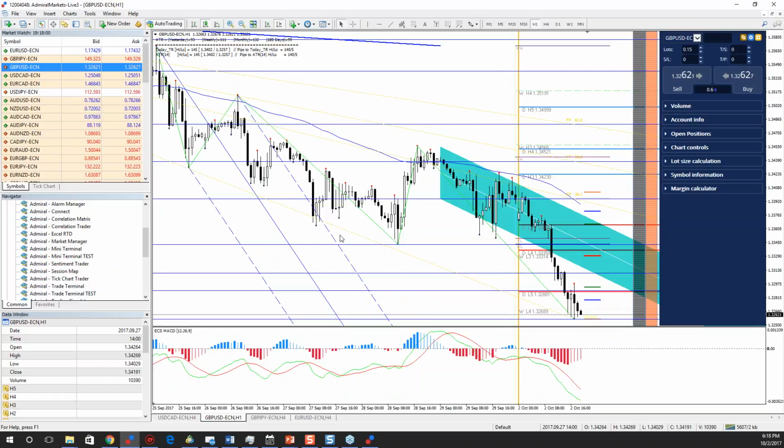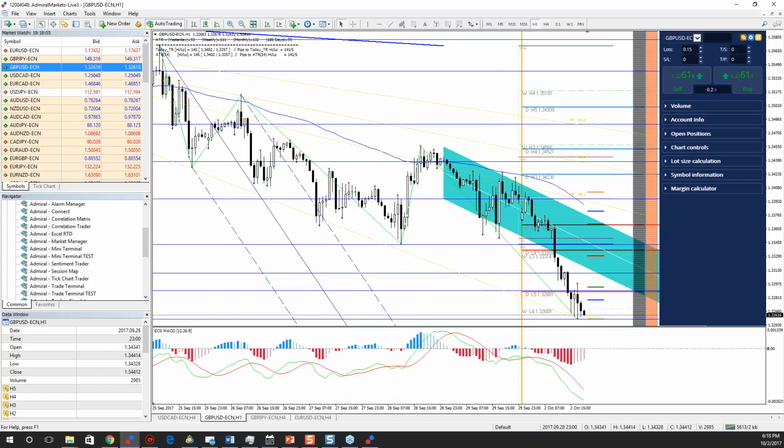Old Andrews pitchfork channel that has been broken, but we have a progressive channel that is going down, but you see the price broke through this progressive channel. 1 hour time frame. So obviously the price is going down. Now 33.35 is the zone. It's a strong zone. Bearish order block, weekly low.